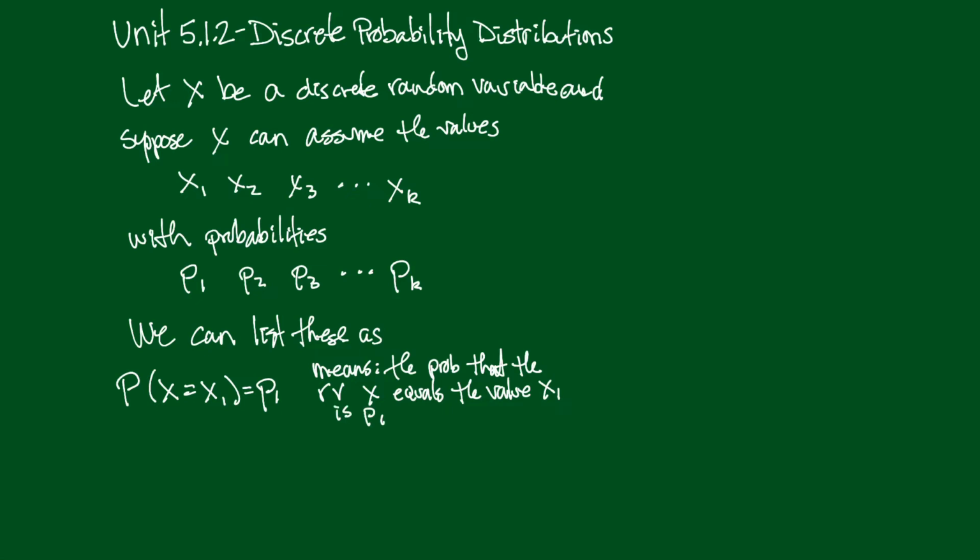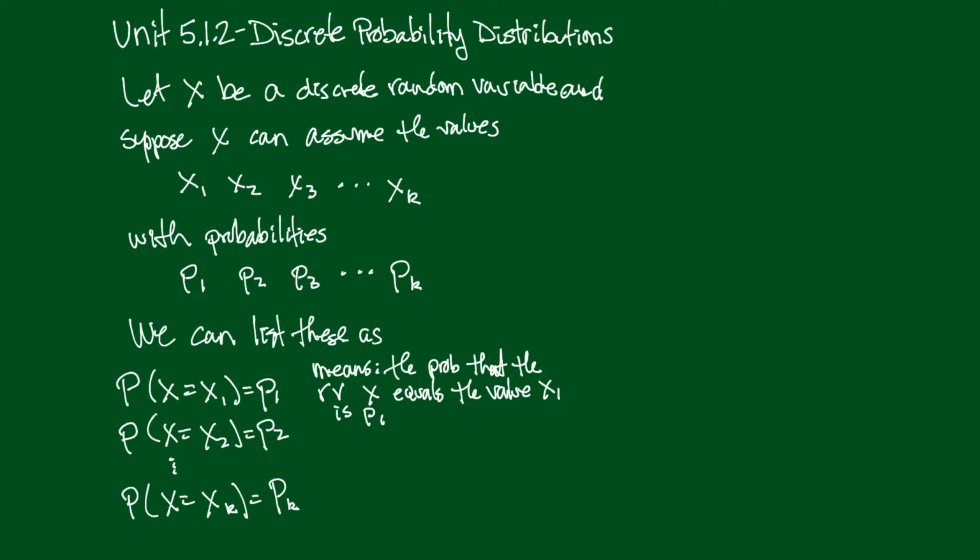You can almost read it here. The probability that X takes on that value is P1. Then the probability that X equals x2 is P2, and we keep listing them until we've got them all. The probability that X equals x sub k is P sub k.